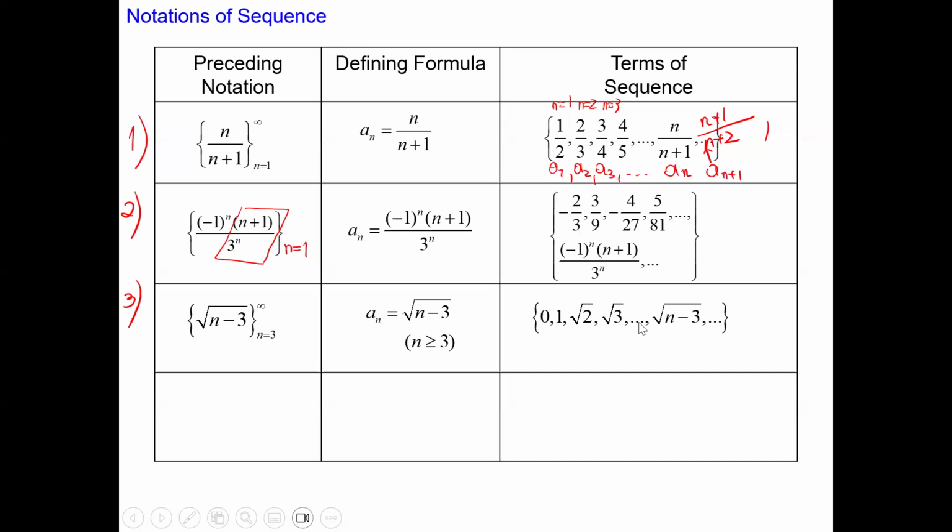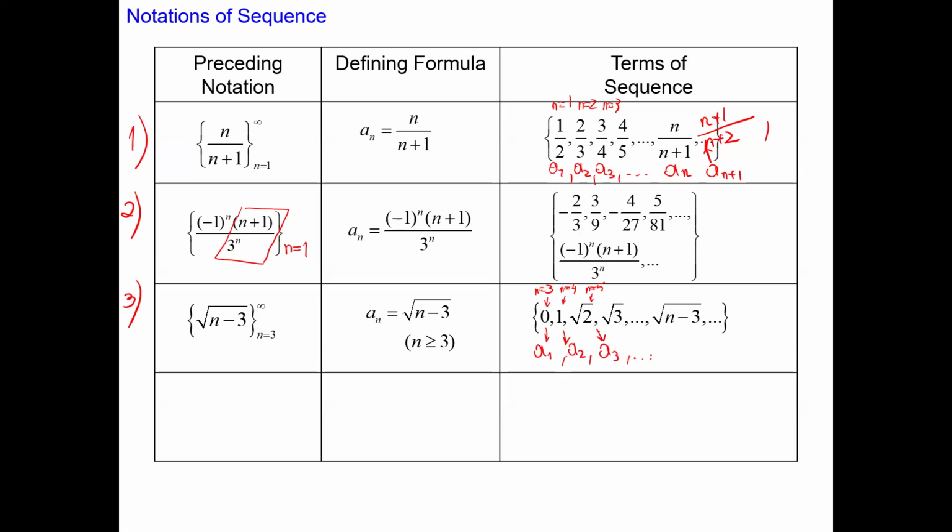Now, the first term is defined for n equals 3. The second term is defined for n equals 4, correct? For n equals 5, and so on. But even though this is n equals 3, because 3 minus 3 is 0, this is still called a sub 1. This is still called a sub 2, a sub 3, and so on.